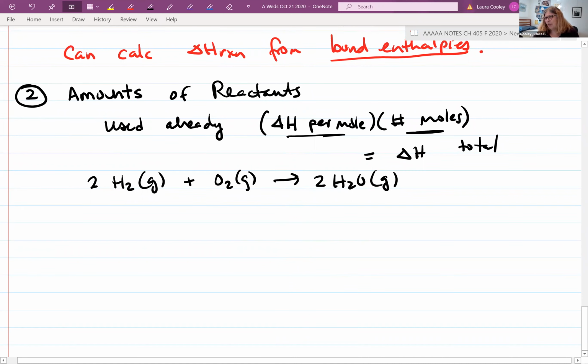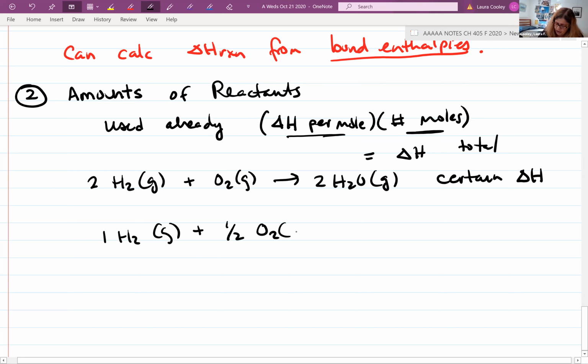so if I wrote that equation, what is going on here? If I wrote this equation instead, if this has a certain delta H for this reaction, and I thought about, okay, what about this one?